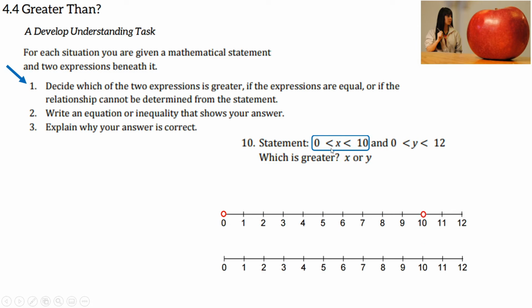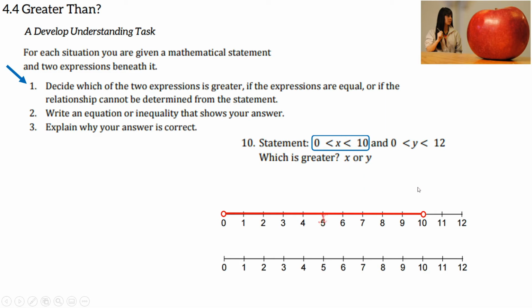Remember, x is greater than 0 and x is less than 10, meaning x is everything in between. And so this is a graph of 0 is less than x and x is less than 10. Those are all the real numbers that will work for this double inequality.